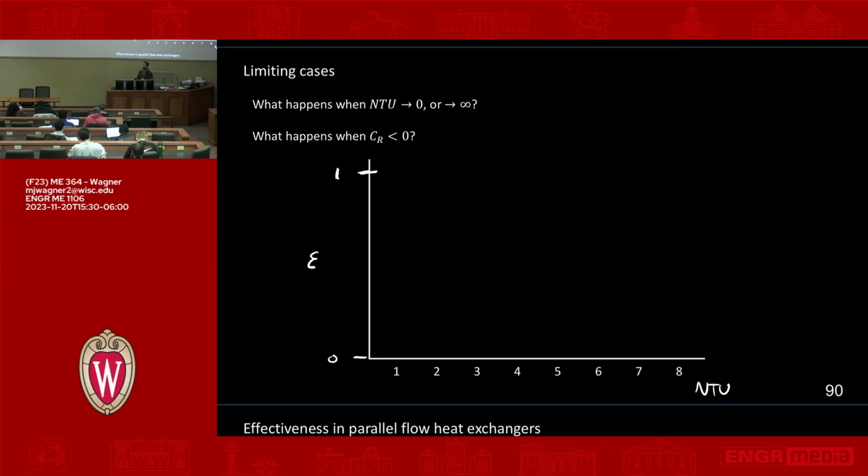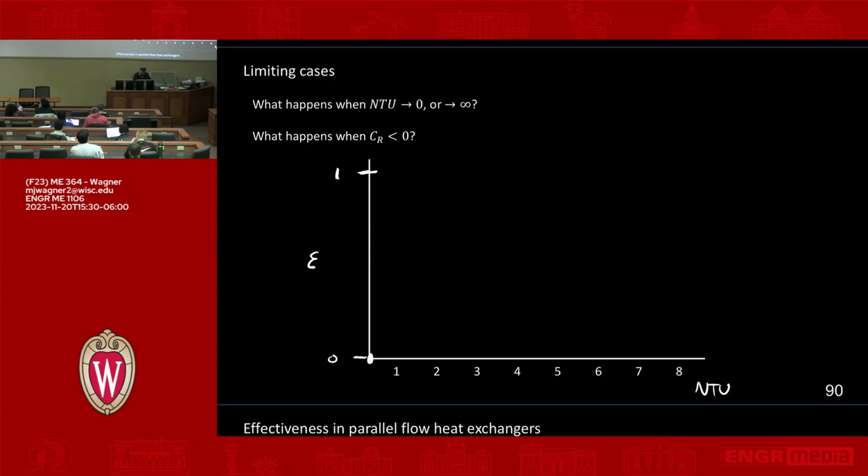Well, if NTU is a surrogate for size, and I make this heat exchanger really, really small physically, or I make the C dots super big, NTU basically goes to 0, right? If that's the case, I'm throwing a bunch of mass flow rate through a really, really small heat exchanger. I get very little heat transfer. Effectiveness becomes 0.